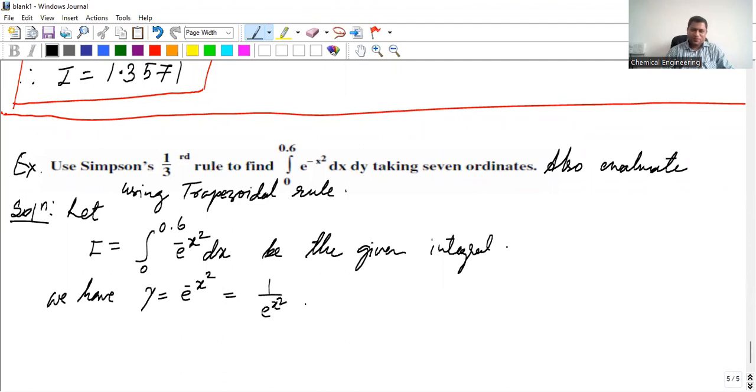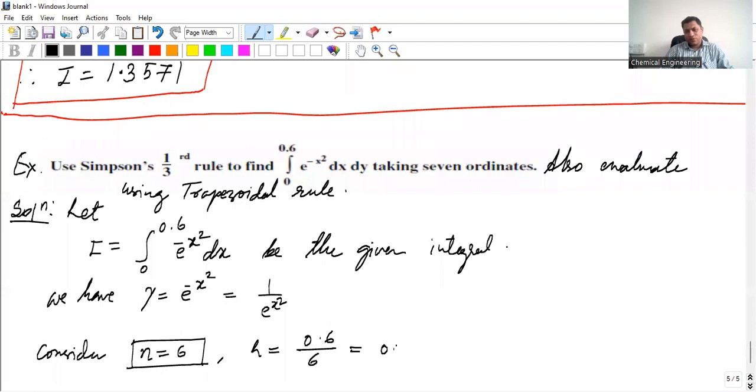Are you getting this? Yes. Okay, so consider n is equal to 6. Because we want 7 ordinates, that means we must have 6 subintervals, and hence h is equal to 0.6 by 6, and that's going to be 0.1.